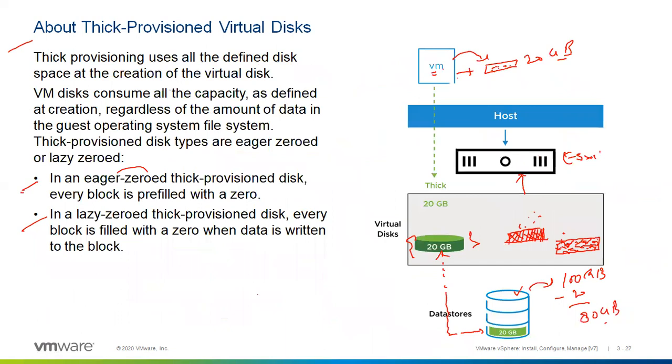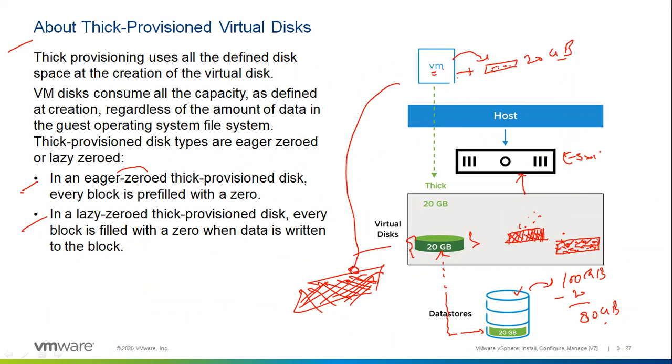For example, here you took 20 GB. During the creation, it will take some time, because it has to prepare the formats for when data will be written in it. In eager zero, it will do it immediately. In lazy zero, it will do it on first write. But in thin, only the space will be formatted for whatever amount of data is being written.